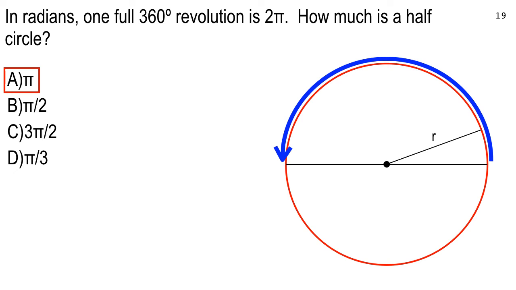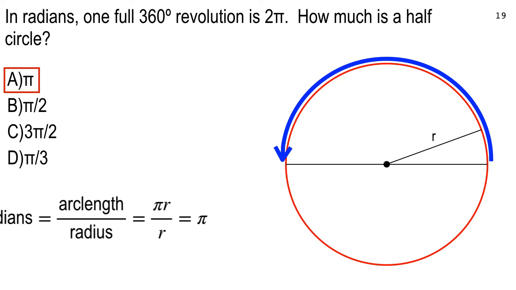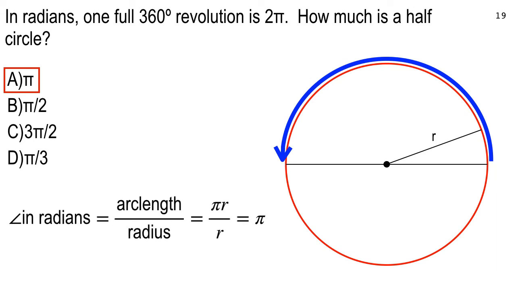So that's a fraction of a circle, and you can do that with any fraction that you want. Now let's work out how we do it, if you didn't get that one right. The angle in radians is equal to the arc length divided by the radius. If you're only going halfway around the circle, it's not 2 pi r, it's just pi r.